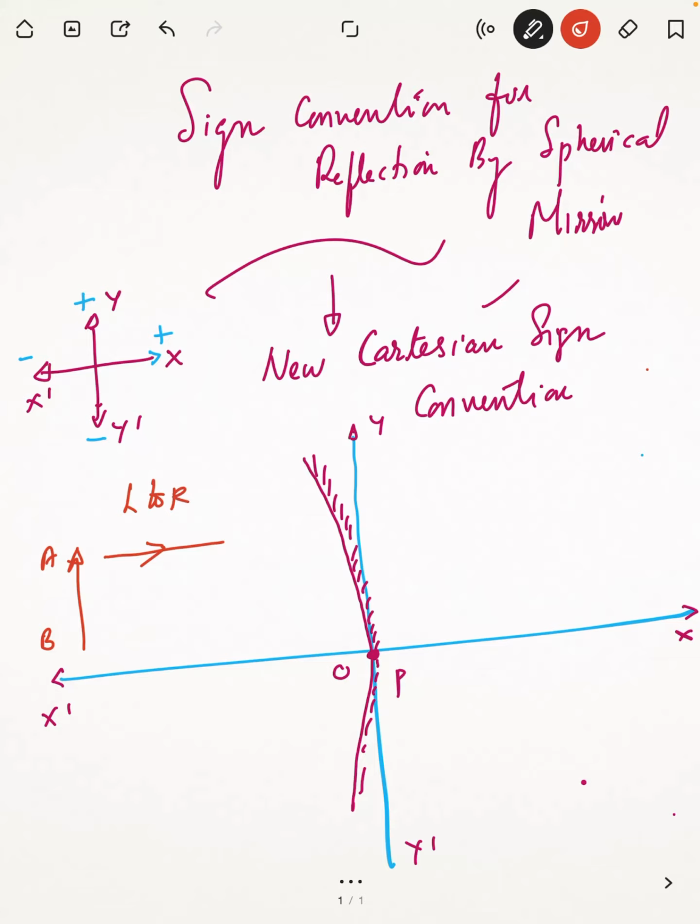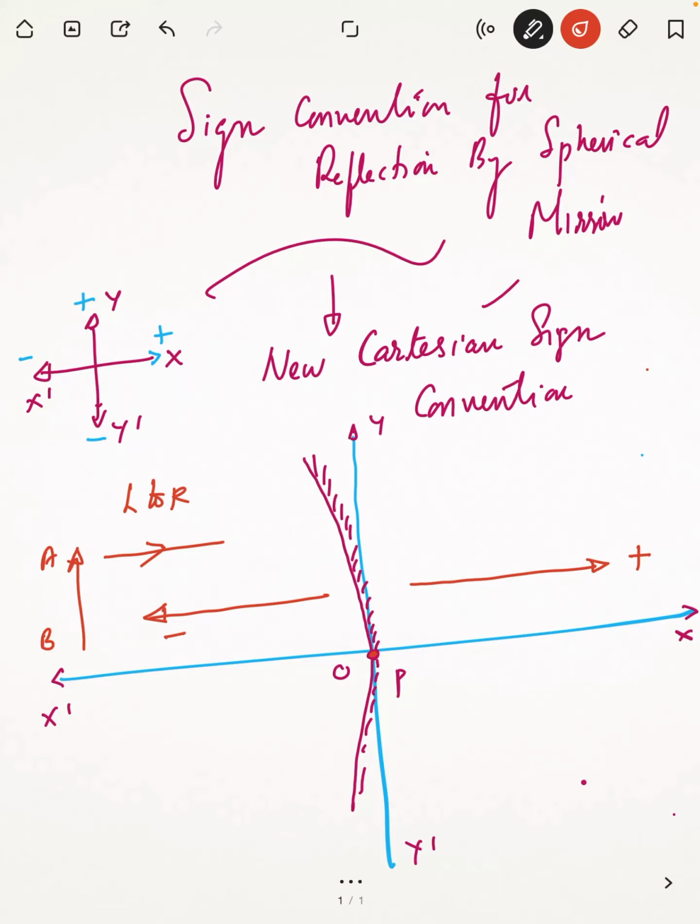Next point, all the distances are to be measured from the pole. Those distances which are measured toward the right side from the pole, that means toward the right from the origin, are taken as positive, and those distances we measure toward the left side from the pole are taken as negative.